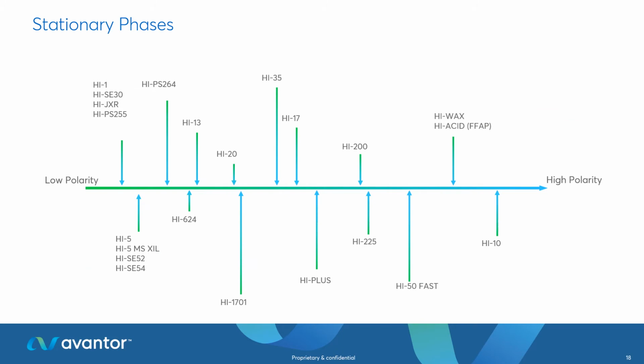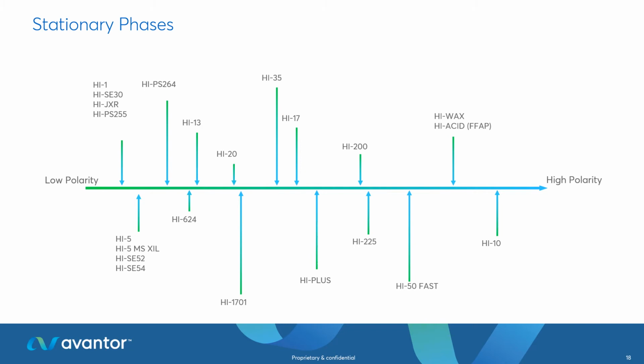We mentioned the film thickness of the stationary phase. So what stationary phases are available? We can look at the full range of gas chromatography stationary phases, ranging from low polarity to high polarity. In this scenario, we can see that the high 1 has a very low polarity. We then move to the high 5 at 5% bisphenol.